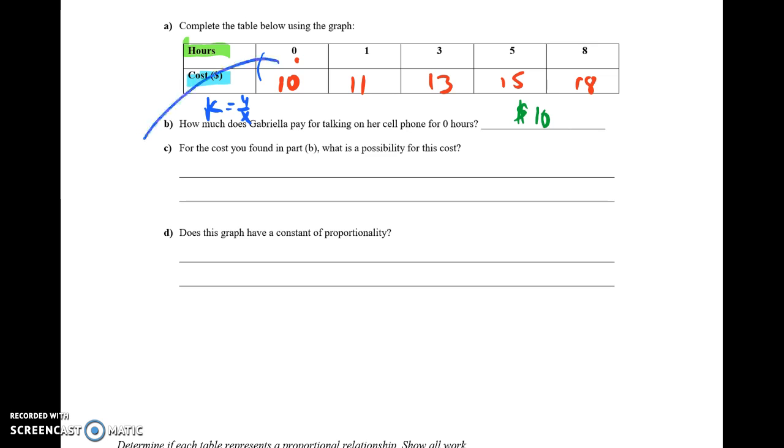I'm going to do the work down here. So y is the cost, x is the hours. For the first one, we're going to have 10 over 0. And we can't divide by 0, so this is undefined.